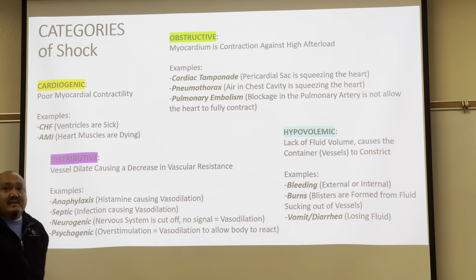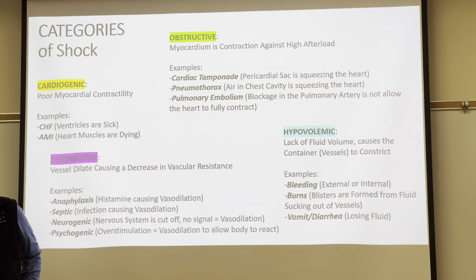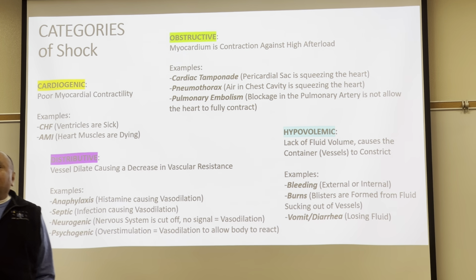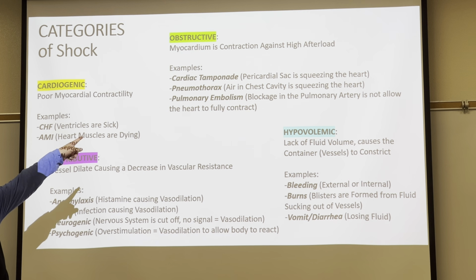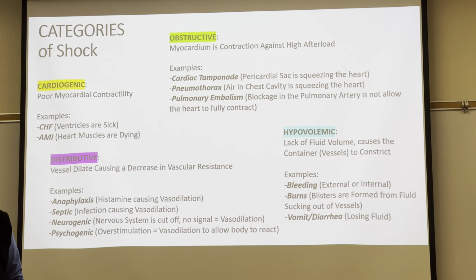So, this is really not an issue, like with cardiogenic shock, the pump is a problem, right? With obstructive shock, it's really nothing to do, so to speak, with the perfusion triangle. And the reason why is because cardiac tamponade. Is that the heart's fault? Nope. Something happened to where that fluid is building up around that sac, right?